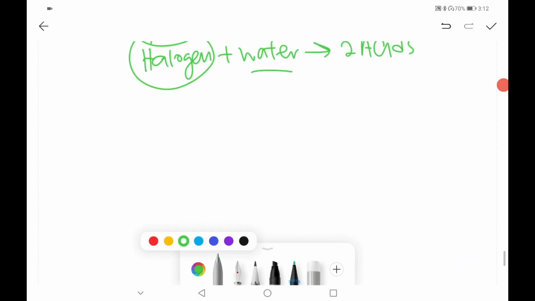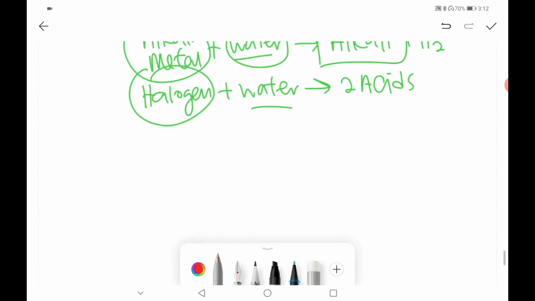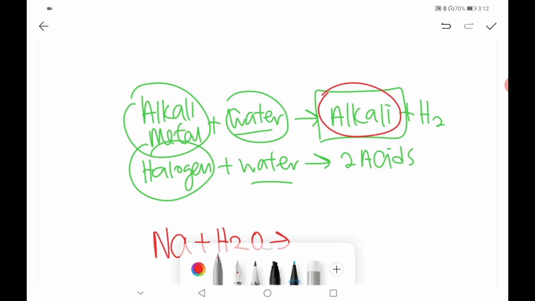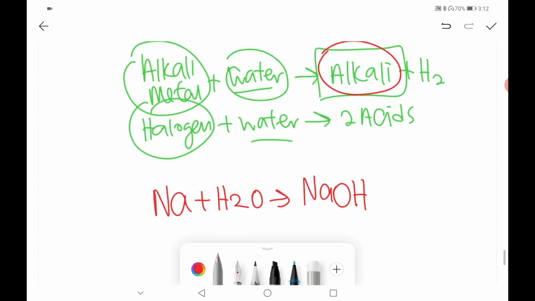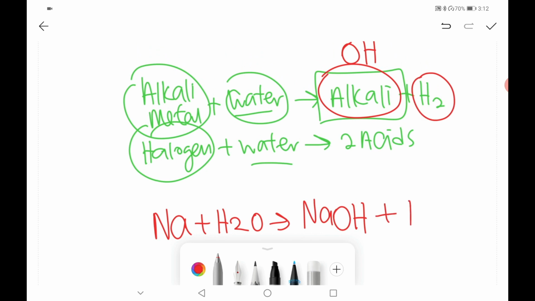Sodium reacts with water, so it will form alkali. Alkali must have OH. So when you put sodium, the alkali is NaOH. And don't forget, you produce hydrogen gas.